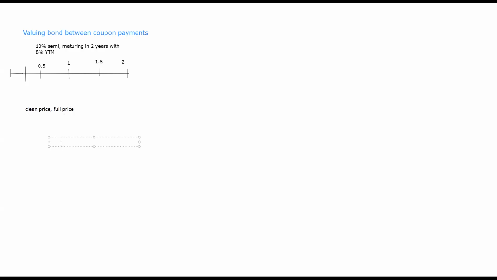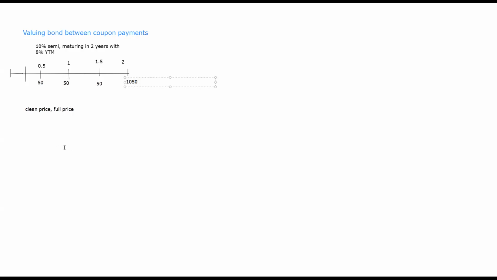For discounting each of the cash flows, the cash flows here are 50, 50, 50, and 1050.